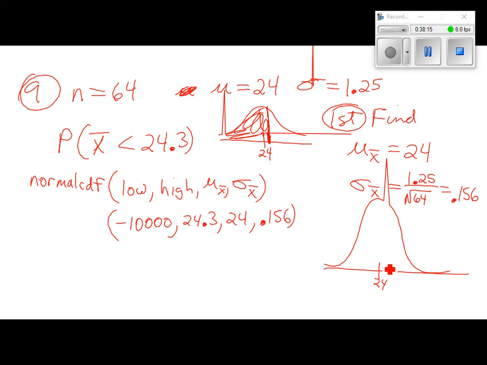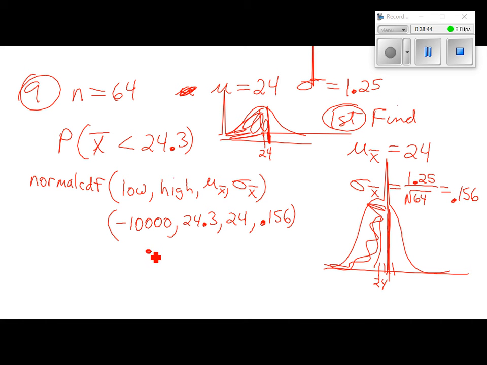You just go up by 0.1, so 24.15, and 24.3 would be right here. That'd be the second one. So we're at 2 standard deviations and below. That's a whole bunch, and that's what squeezes it all together.